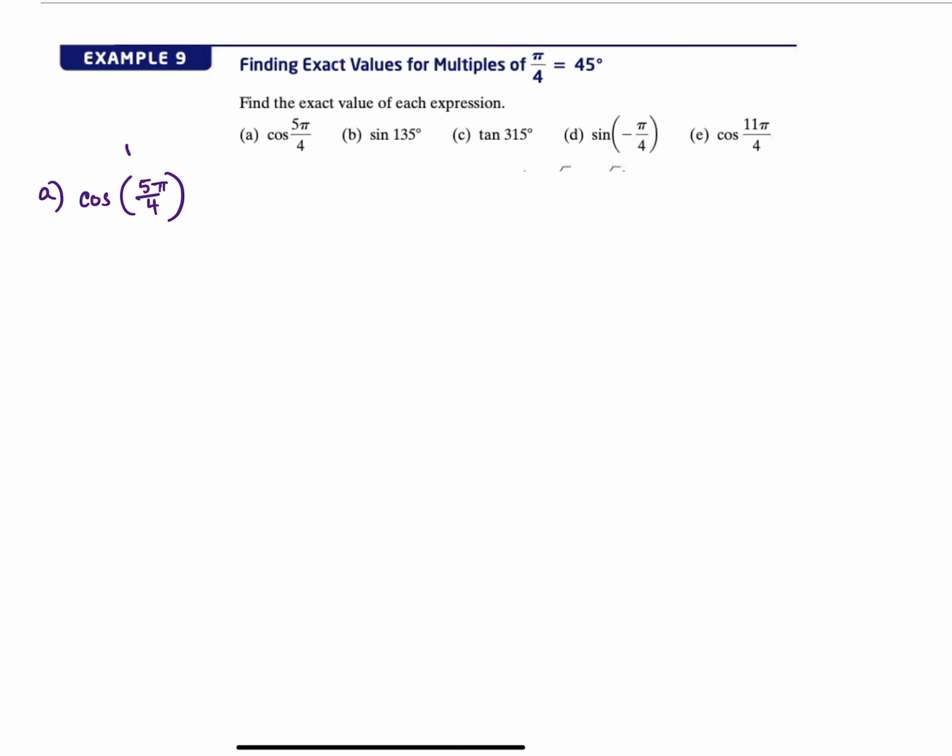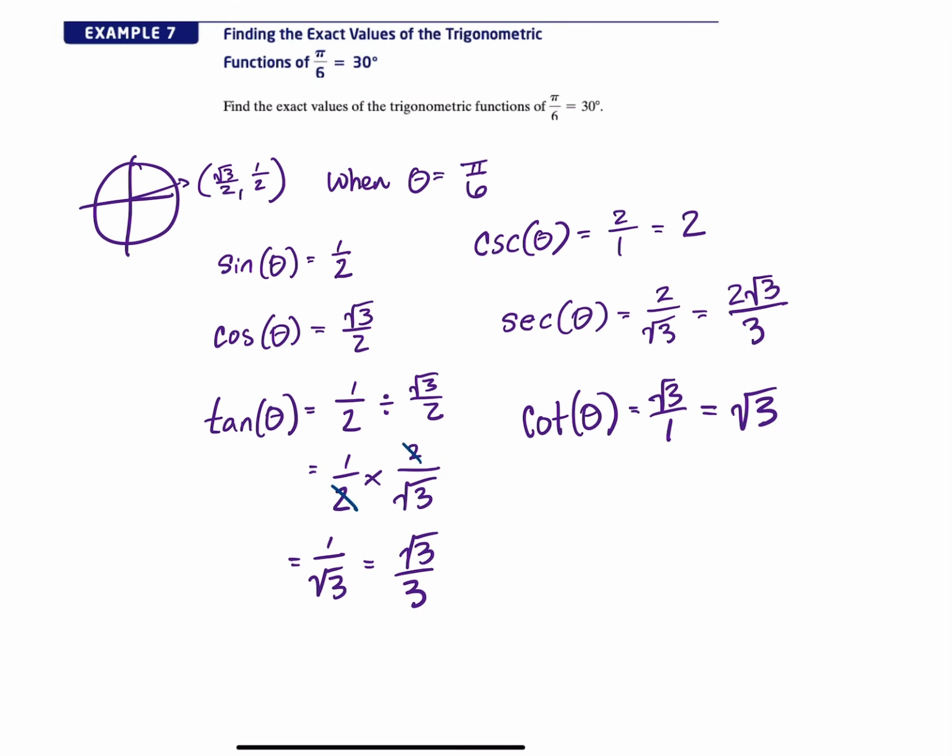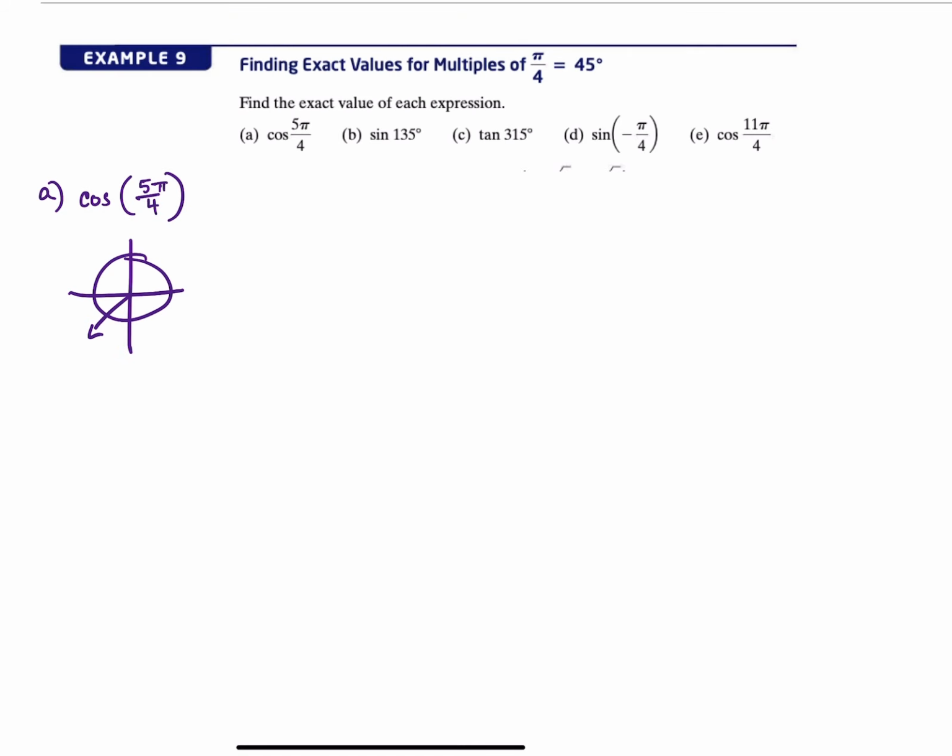But it's 5 pi over 4. I see the numerator is 1 more than the denominator. So that means we're looking at the 45-degree angle, the pi over 4 angle, in the third quadrant. And we're in the third quadrant, so everything should be negative. This should be negative root 2 over 2, negative root 2 over 2.